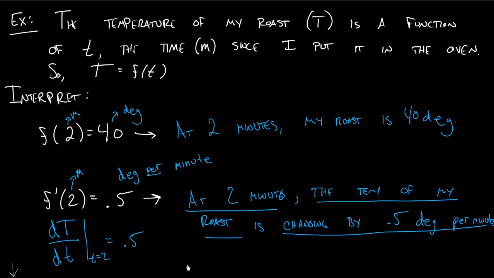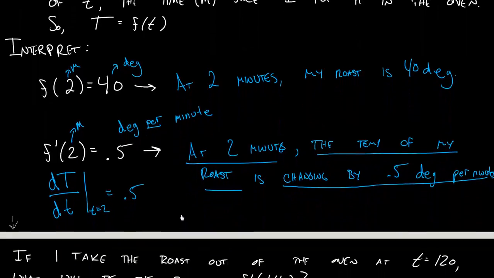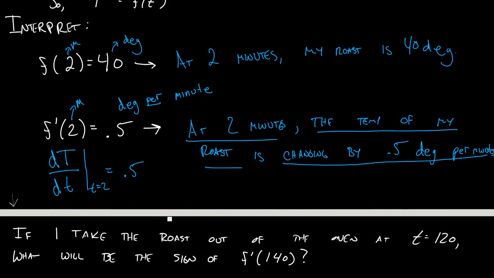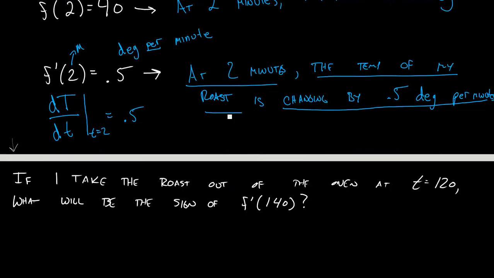So what about a type of statement where they don't tell us what the derivative actually is? So let's say I take the roast out of the oven at t equals 120. What will the sign of f prime of 140 be? To do that, let's do the same thing we did up here, except we'll leave part of it blank.